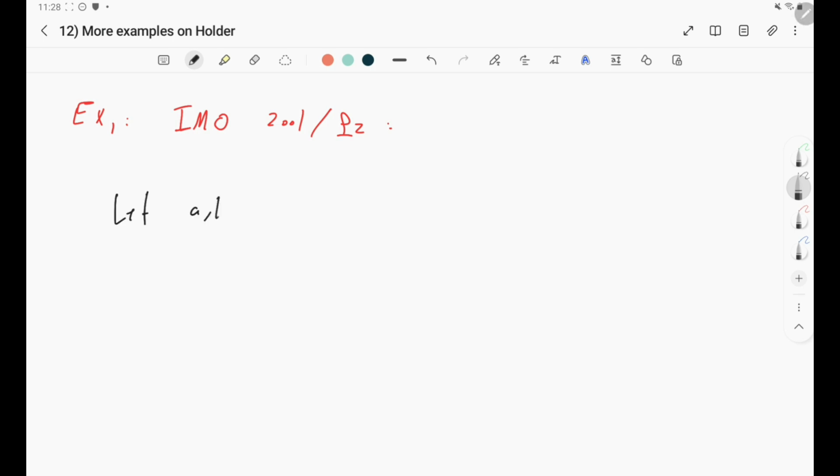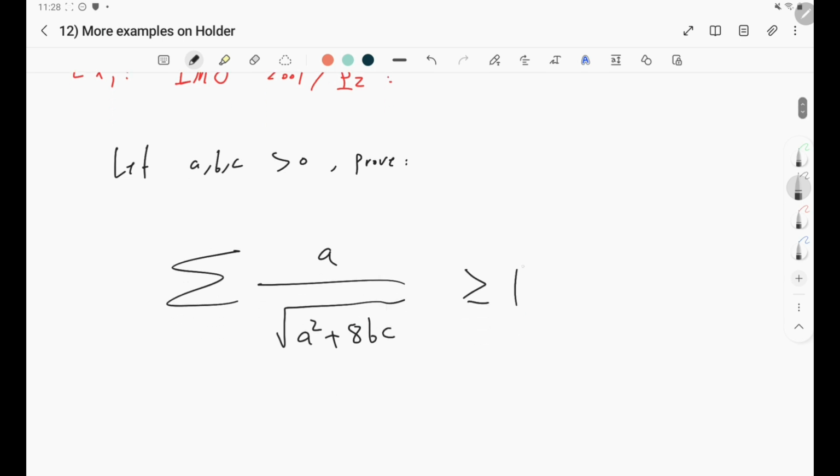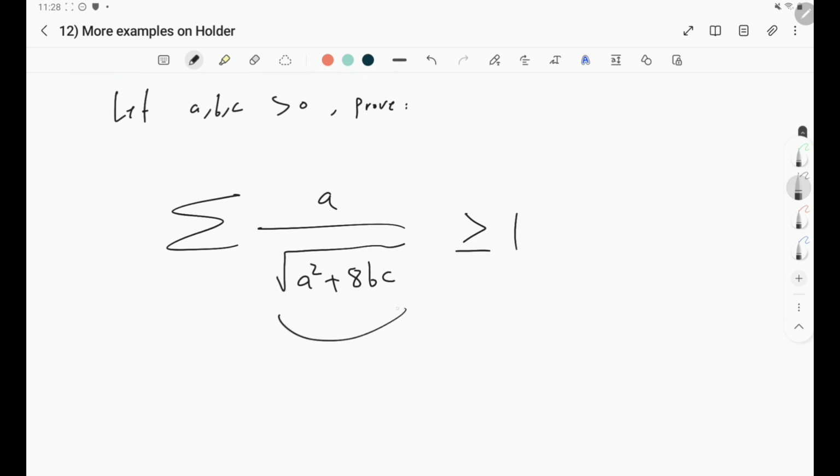We have three positive numbers and we need to prove sigma a divided by square root of a square plus 8bc is greater than or equal to 1. That's it. Of course, if you look at it, it's a homogeneous inequality, degree 2, degree 1, and degree 1, so it's homogeneous.